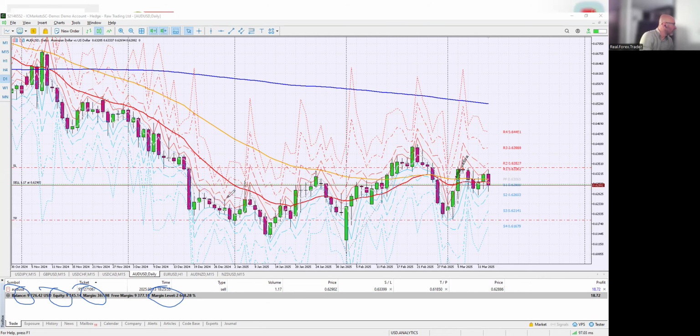Those are concepts that we have to understand pretty well. So let's talk first about balance. What is balance? Balance is basically the total amount of money in your account before opening or placing any trades, or after all trades are closed. That is the real money that you have in your account.